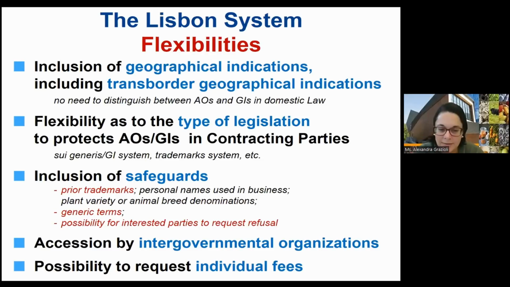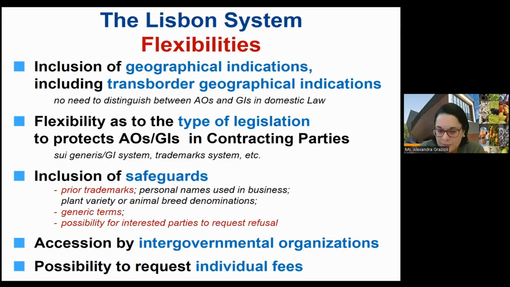There is also a clear mention that generic terms should not be protected as geographical indications. And now member states of the system are obliged to put in place a system where interested parties in the country who are using the name that corresponds to the geographical indication can ask for refusal if the protection of the GI is creating a problem for them.